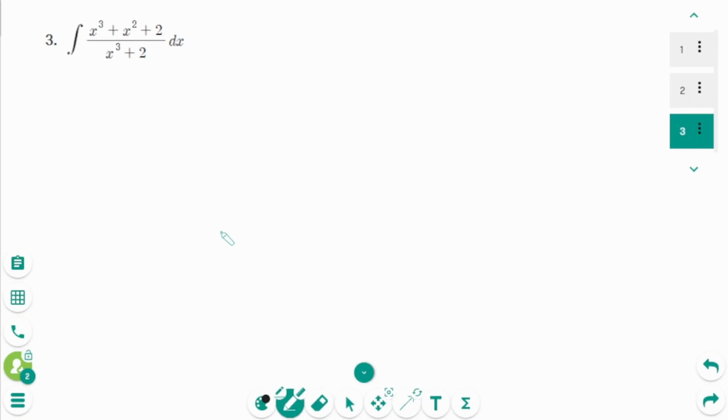Number 3, this rational expression has a degree of 3 in the denominator, but it can be done simply without division. Just swap the places of x squared and 2.